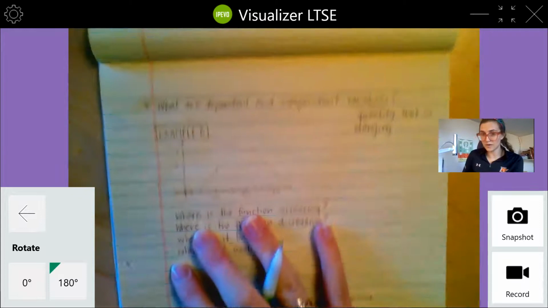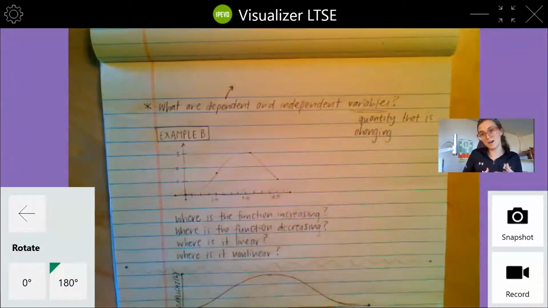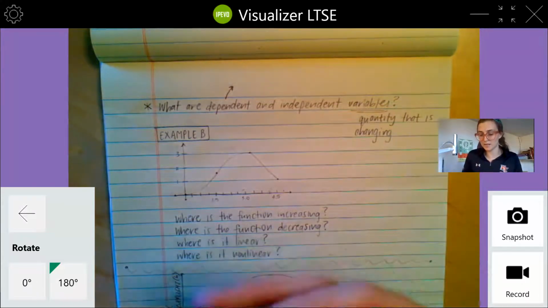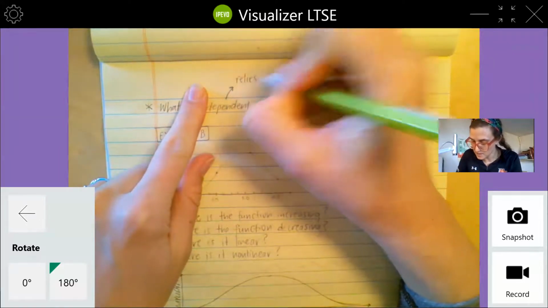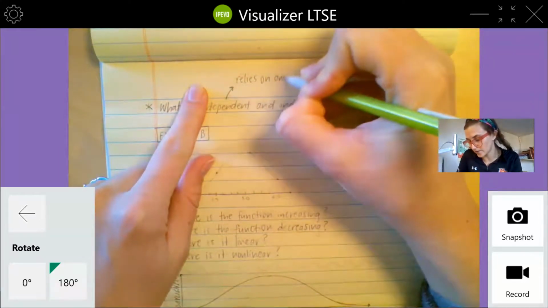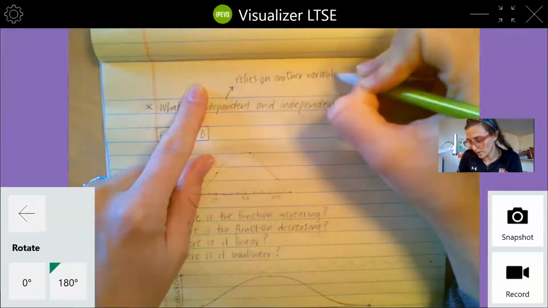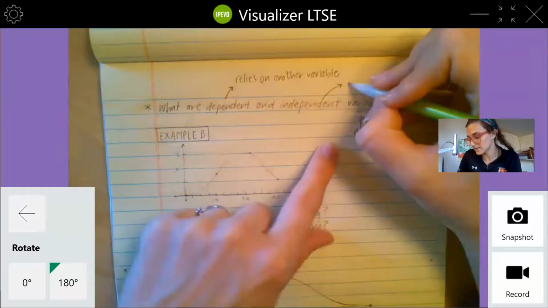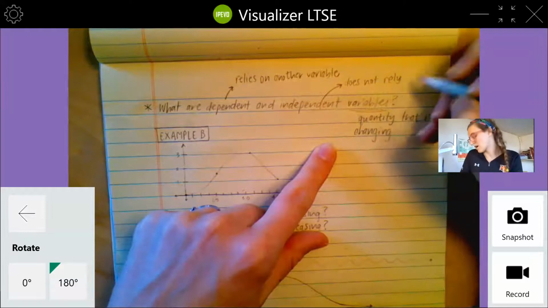A dependent variable relies on another variable for that change to happen, where an independent variable does not rely on anything else.